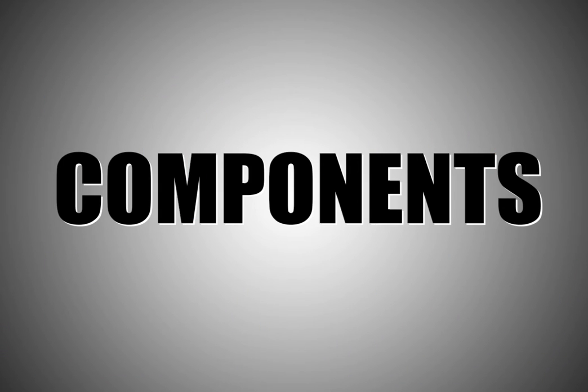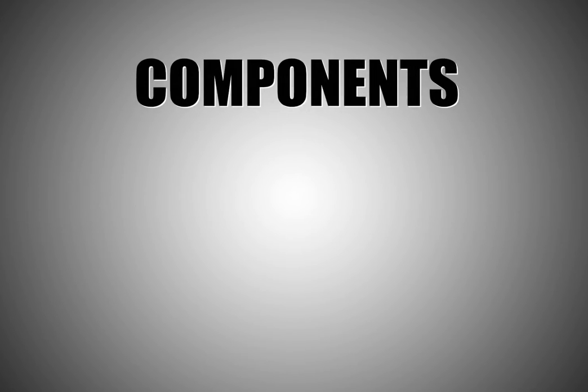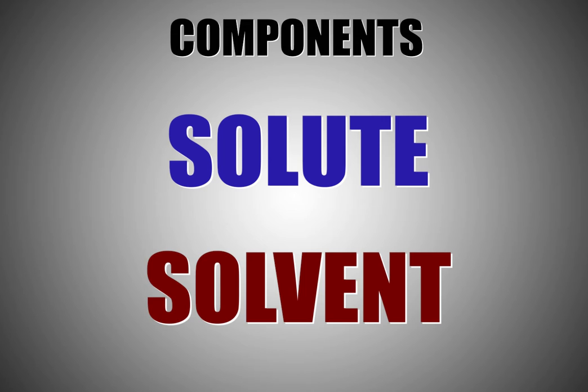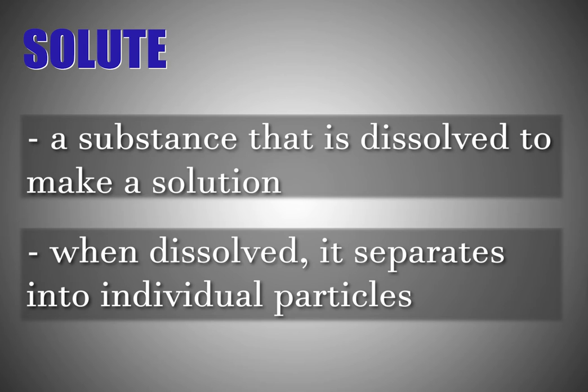Now, a solution basically has two components, the solute and the solvent. So ngayon, itong solute, it is a substance that is dissolved to make a solution. And when dissolved, it separates into individual particles.